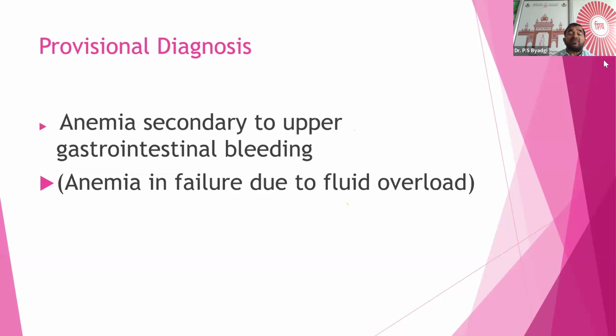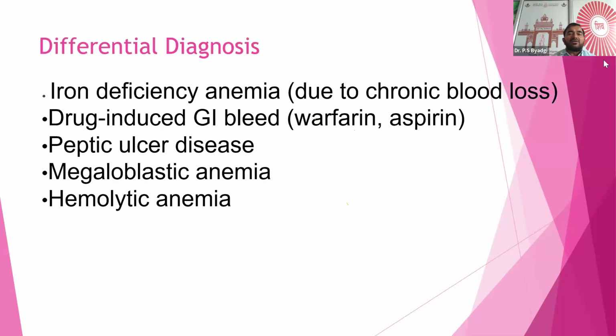So that is the reason we make the diagnosis of anemia in failure due to fluid overload: anemia secondary to upper gastrointestinal bleeding, with heart failure due to fluid overload. For the differential diagnosis, as I mentioned earlier, we discussed how to differentiate these different conditions.